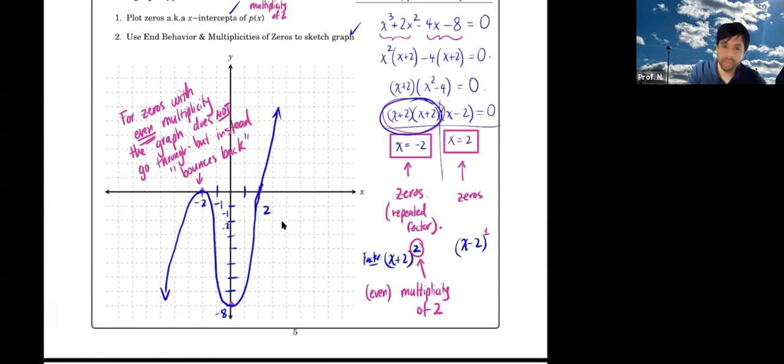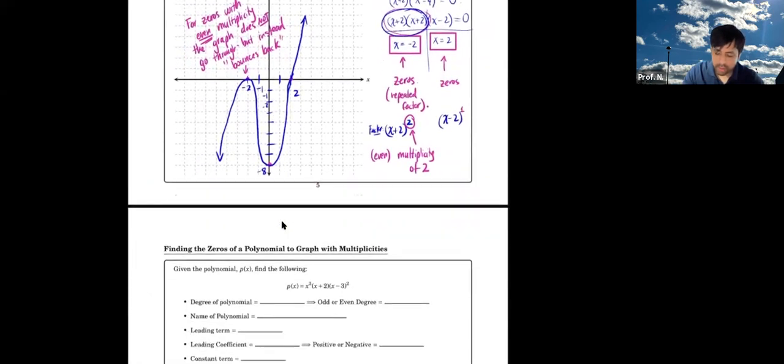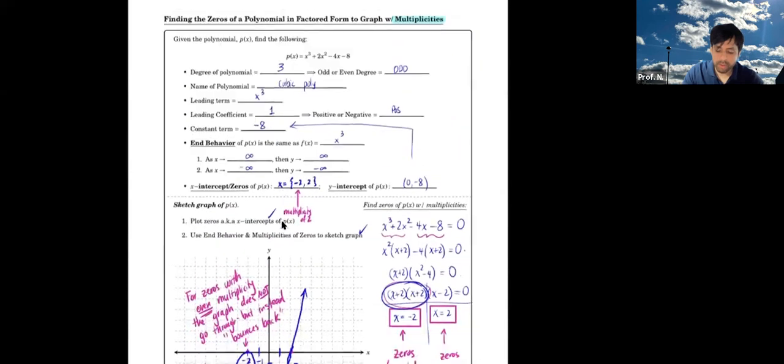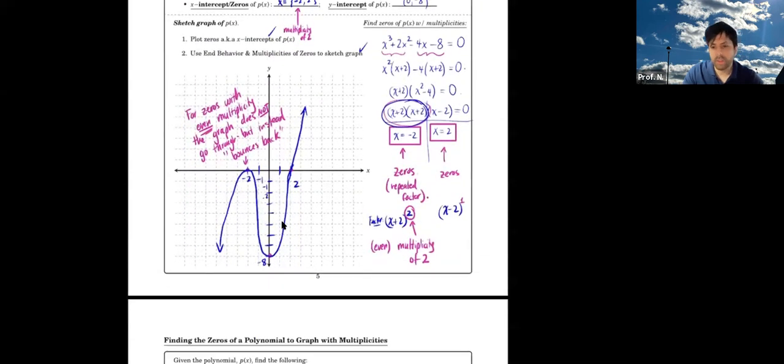If you have a zero with an even multiplicity, you bounce at that point, and if you have an odd multiplicity, you go through. Does this make sense to everybody, this whole idea of bouncing? I think the last one we can probably go through real quick. But that's what it's going to look like.